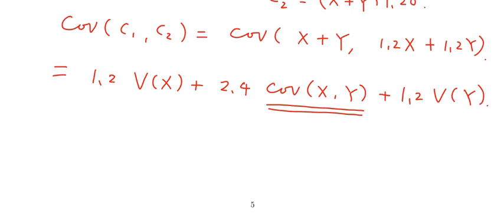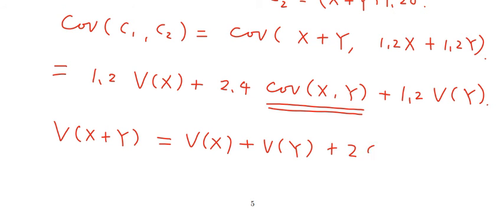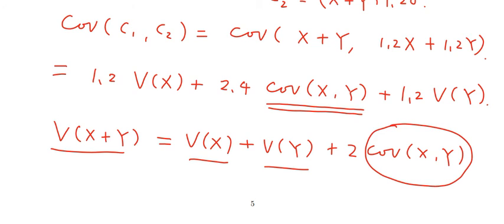So this variance of x plus y equals vx plus vy plus 2 covariance of xy. So we know vx, vy, and vz, so we can find this. So finally we can get the answer just by some simple math.